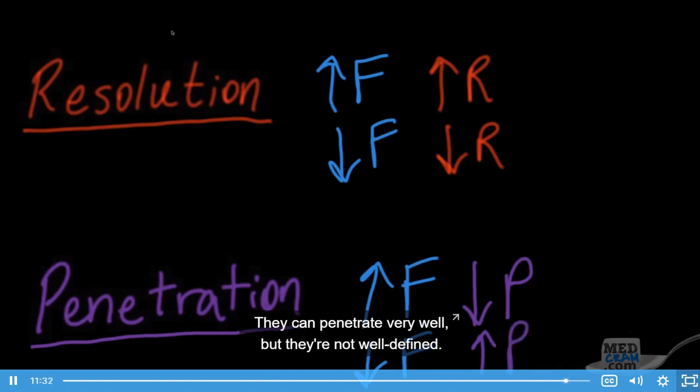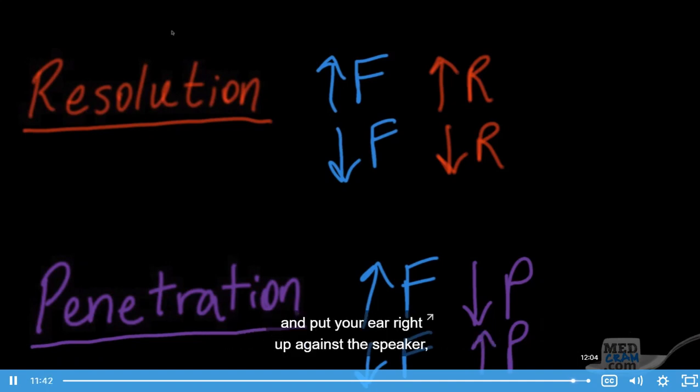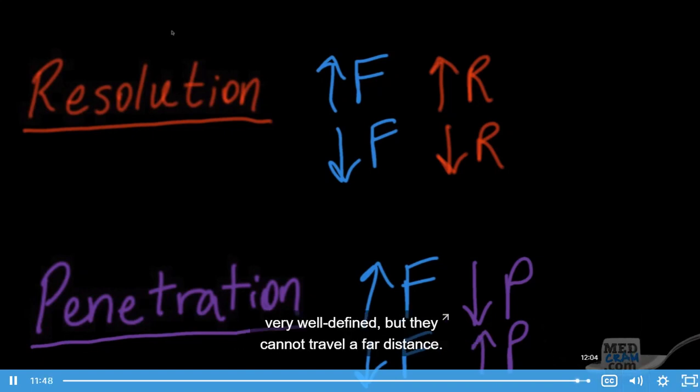They can penetrate very well, but they're not well defined. You can't hear the detail of the low frequency. Whereas if you were to go into that stadium and put your ear right up against the speaker, it would be the high frequencies that pierce your ear because they're very well defined, but they cannot travel a far distance.